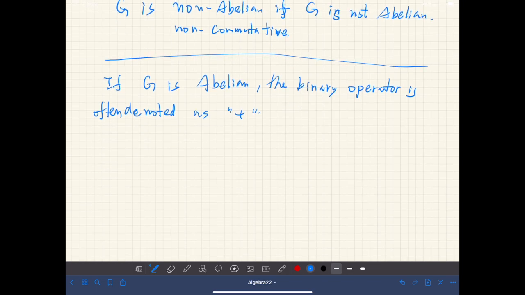So instead of writing ab, we write a plus b. And a plus b is equal to b plus a, and so on. Okay, let's see an example.